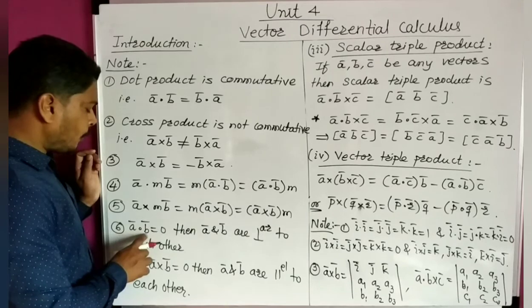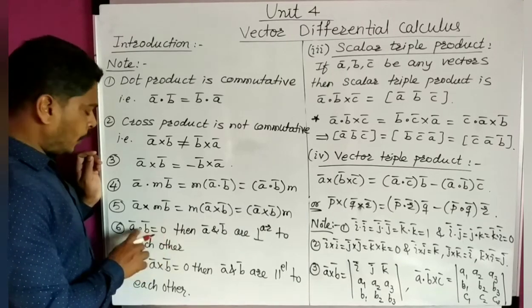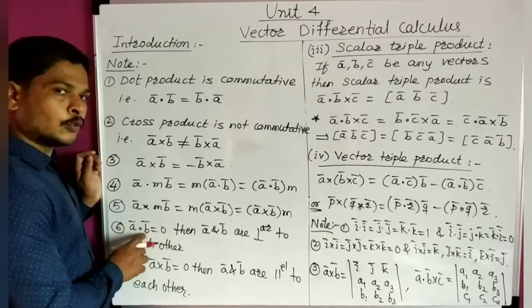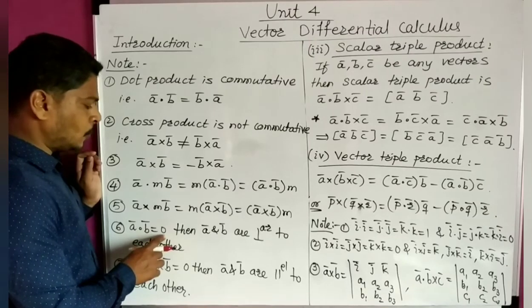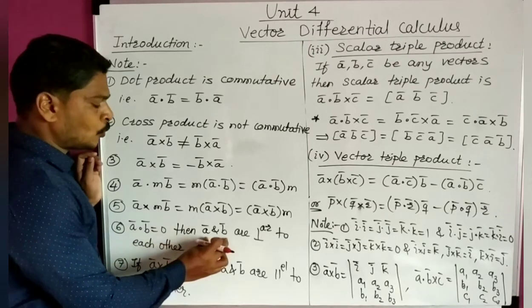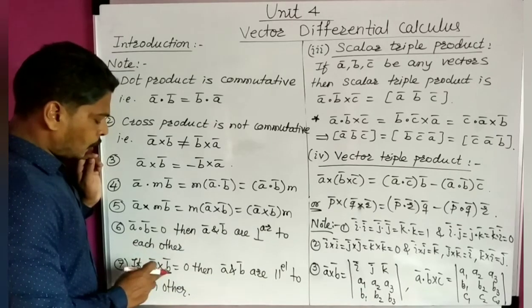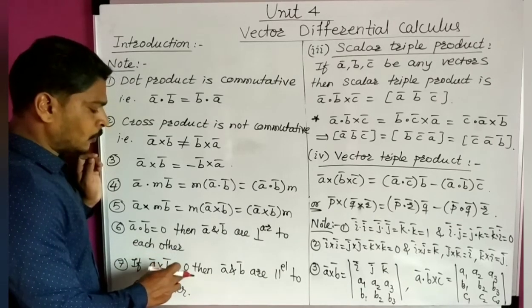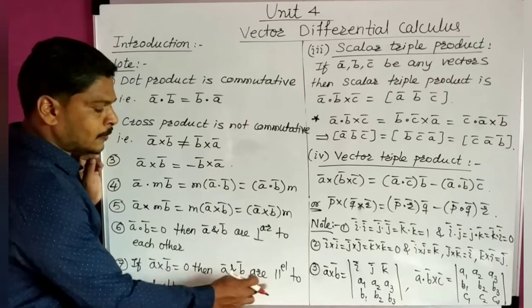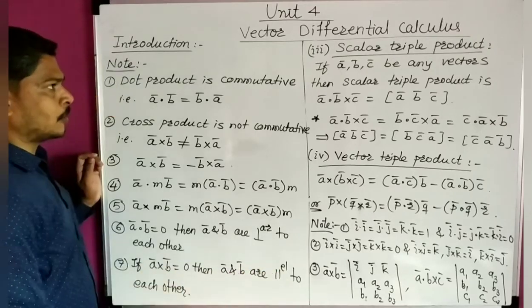If a bar dot b bar is equal to 0, that is, if the dot product of two vectors becomes 0, then these two vectors are perpendicular to each other. If the cross product of two vectors is equal to 0, then these two vectors are parallel to each other.